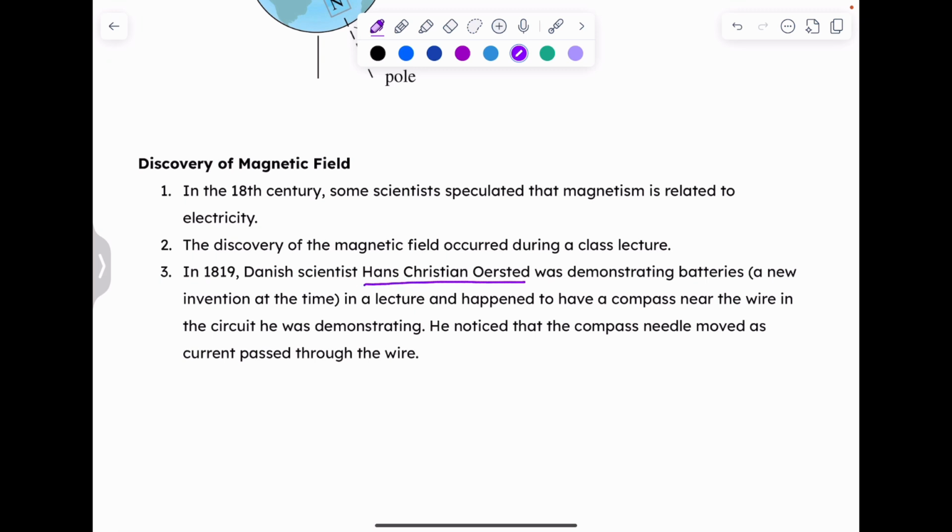He was demonstrating batteries in a lecture. Batteries were a brand new invention at the time. He happened to have a compass near the wire, and he noticed that as he closed the switch on his circuit and had current moving through it, the compass near the current carrying wire was deflected. So that was where we started to really think that magnetism and electricity were related.